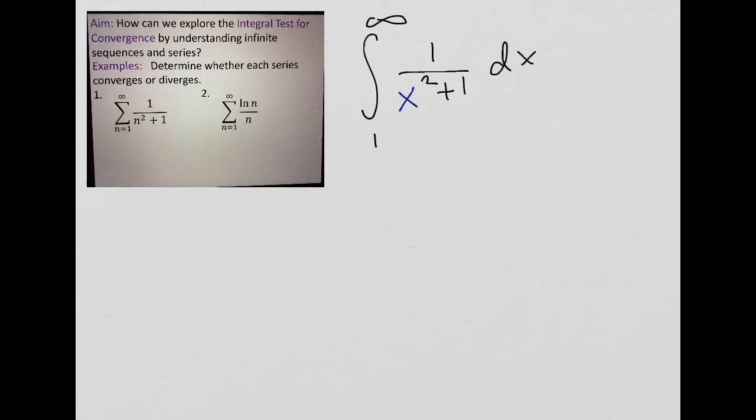I mean n. It was not clear. So we're going to make that x. And if you remember improper integrals, I'm going to replace the infinity with b and say we have the limit as b approaches infinity of the integral from 1 to b of 1 over x squared plus 1 dx.